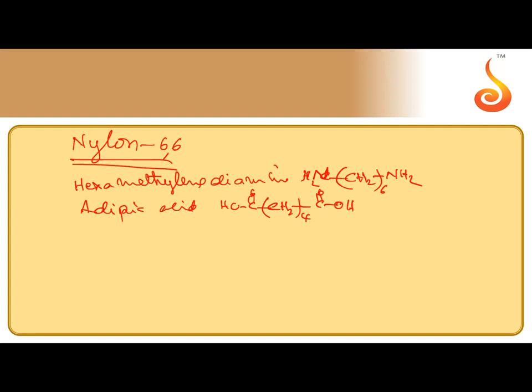So how to write the repeating unit formed between these two? Observe carefully. COOH terminal you always keep on the left side: COOH, CH2 taken 4 times, COOH. First you write the adipic acid. After that hexamethylene diamine.